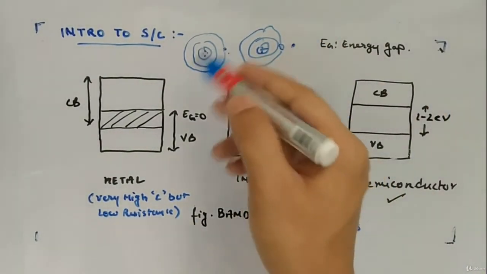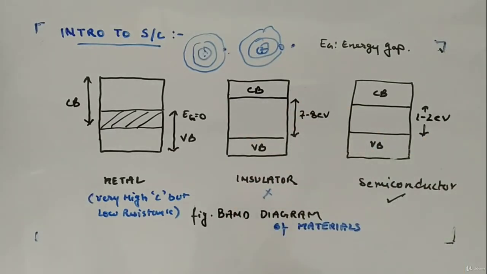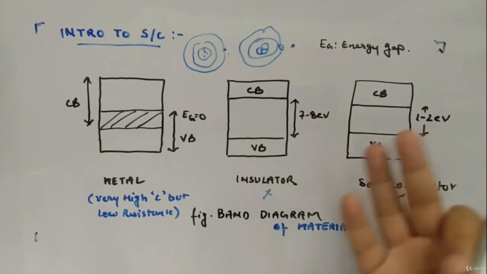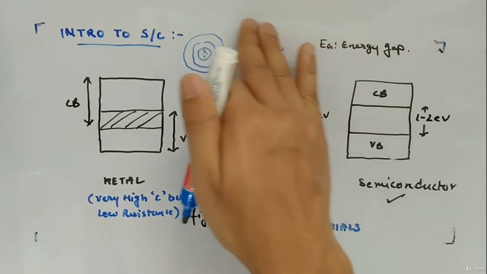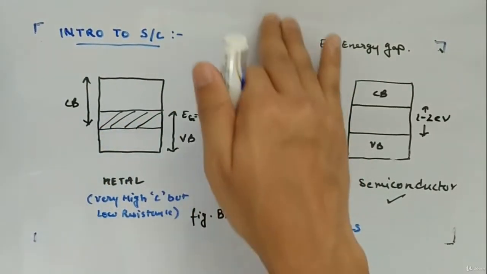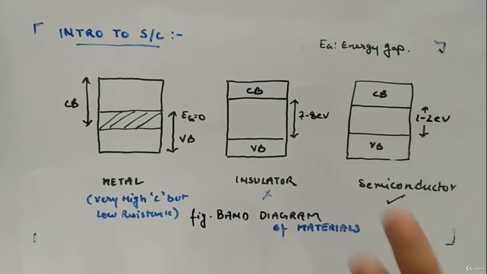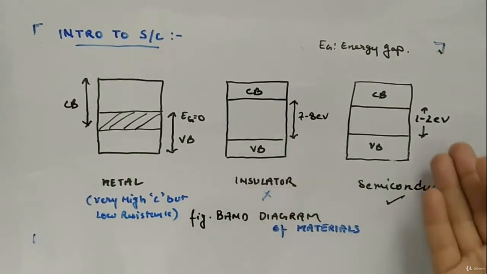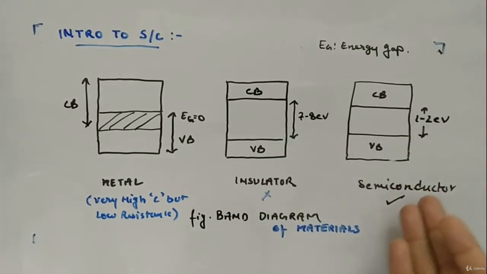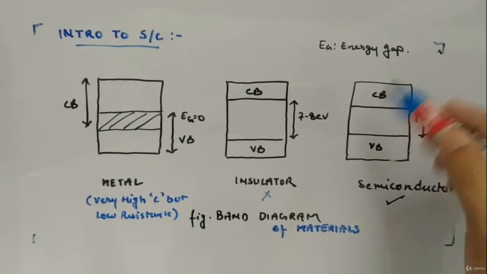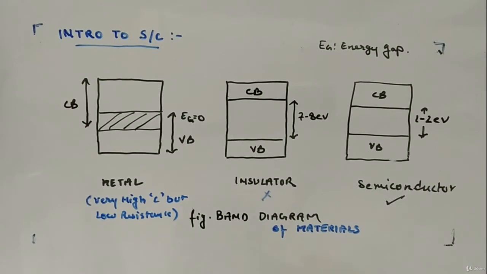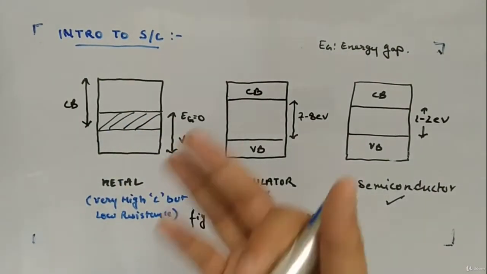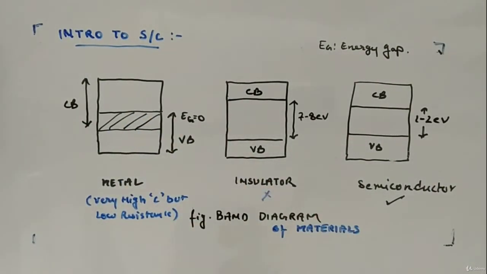This shell diagram I am not going into, it's too much detail, so just accept whatever I am saying right now: you apply some energy and you get free electrons and holes. In comparison to these, where we apply a lot of energy, the same thing we can achieve in a semiconductor with less energy, and that's the reason we prefer it. Why are we not preferring metal? Because its conductivity is too high.